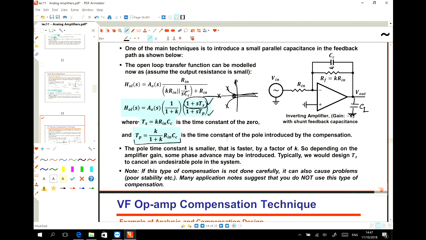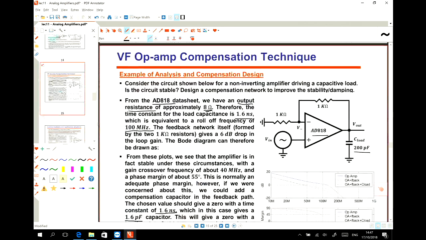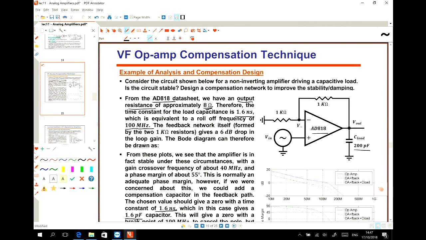The value for the zero and the value for the pole are coming from these two formulas, and here is an example for that. For example, we have a capacitive load of 200 picofarad, and then the output resistance of the AD818, which is a good op amp. It has almost a gain bandwidth of 100 megahertz.